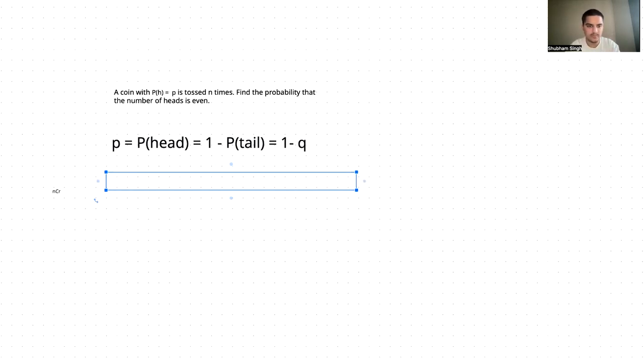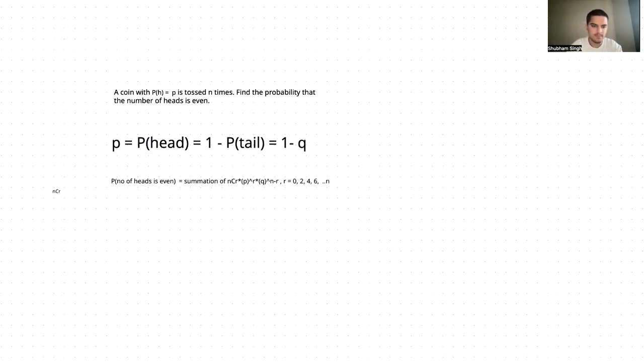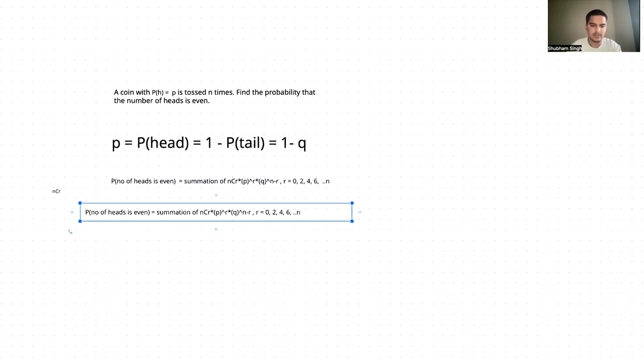So that can be like this. I'll just expand the terms and write this as nC0 p raised to 0 q raised to n, and so on.